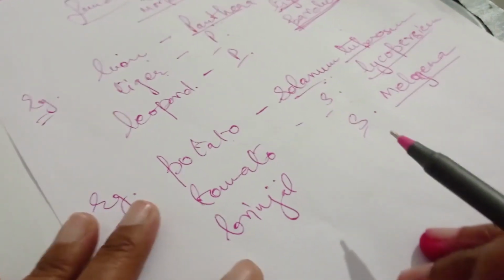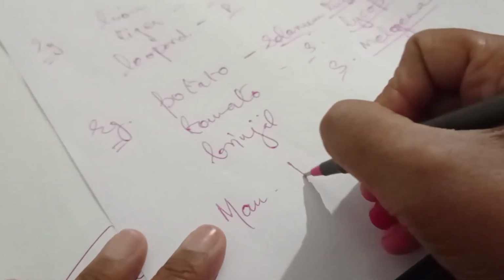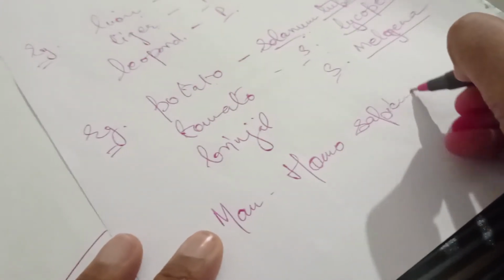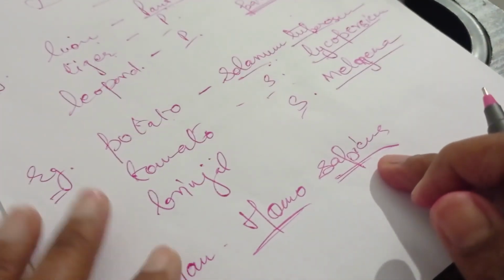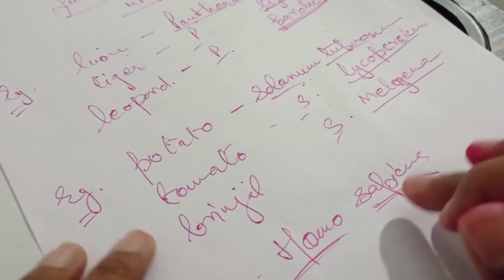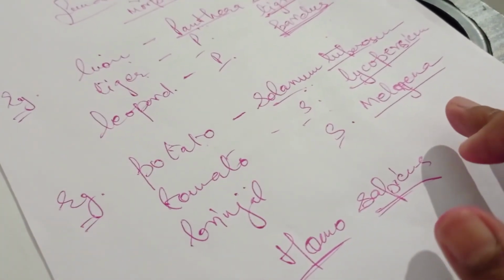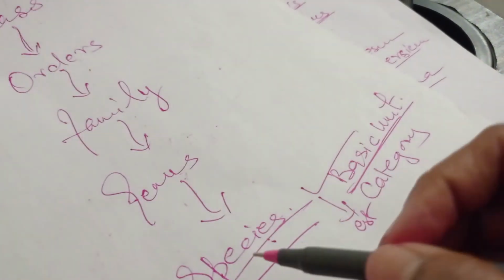Do you know the biological name of man? It is Homo sapiens, in which Homo is the genus and sapiens is the species. All humans are Homo sapiens and have the same morphological characters. Now, this is a species.